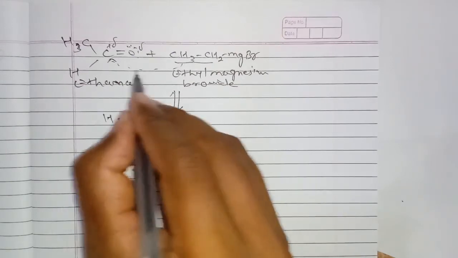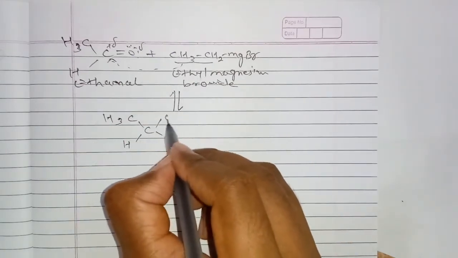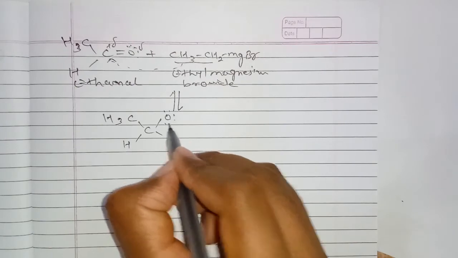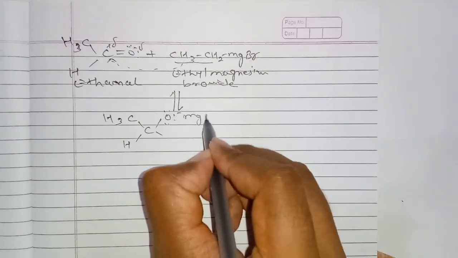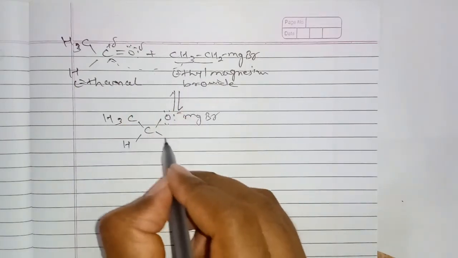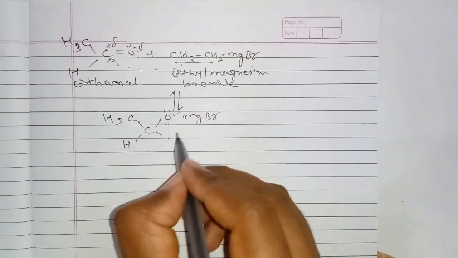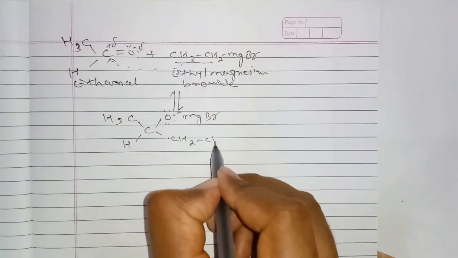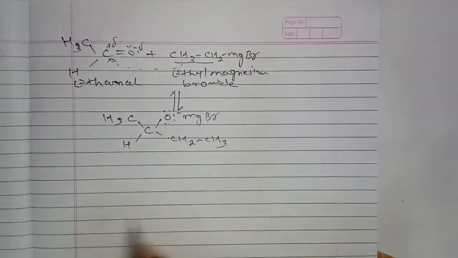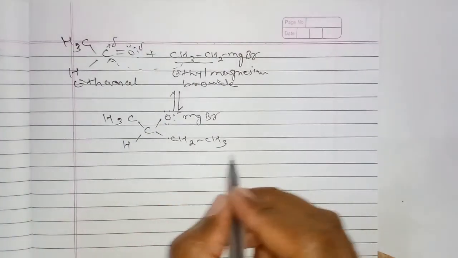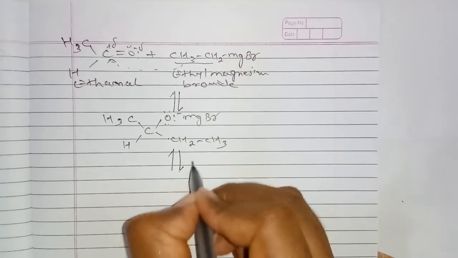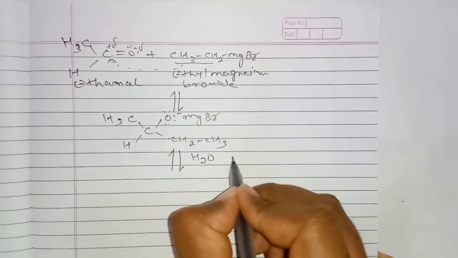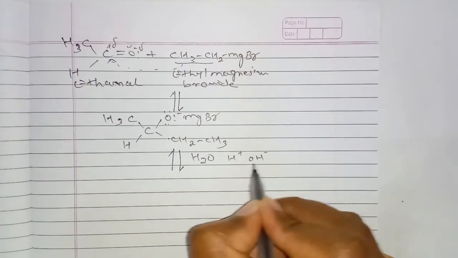CH3 H, and here MgBr, and here CH2CH3. Then H2O, H plus and OH minus.